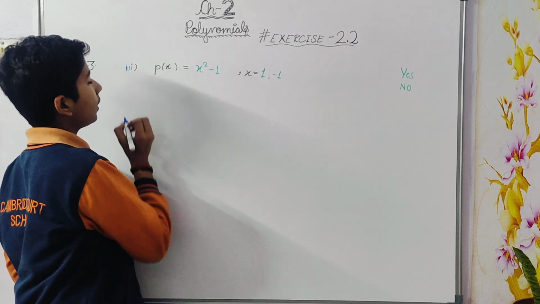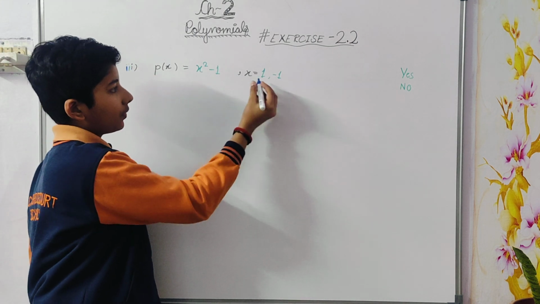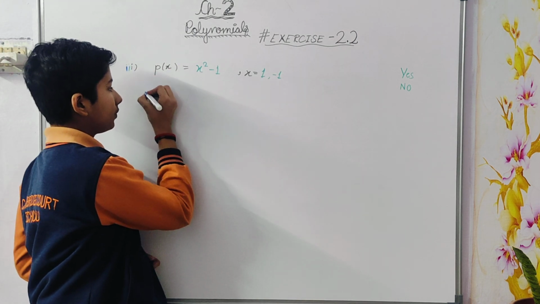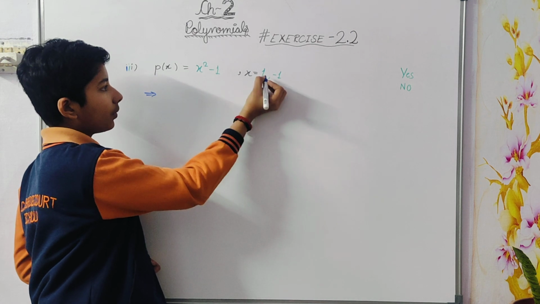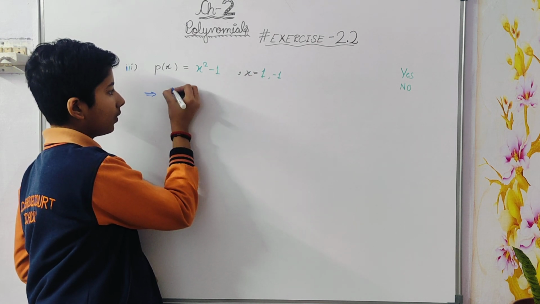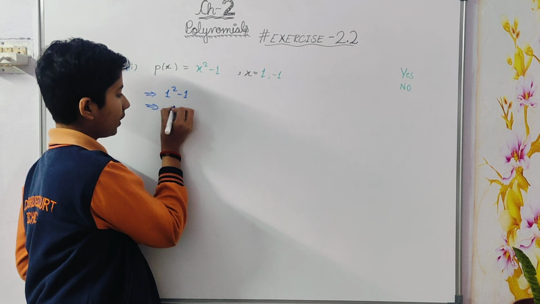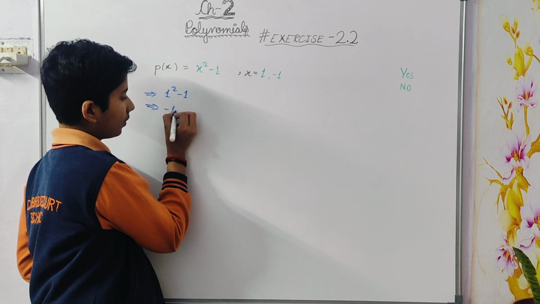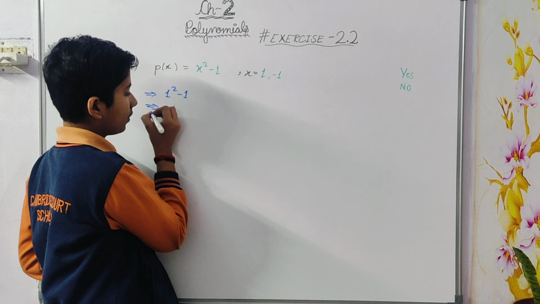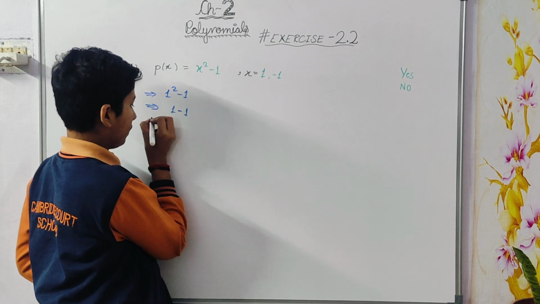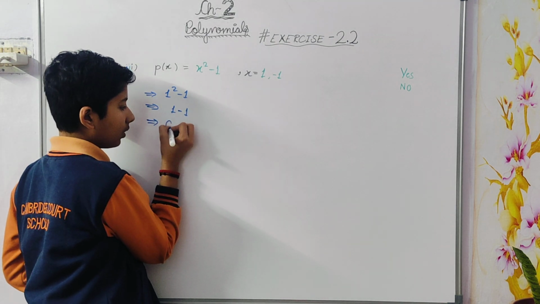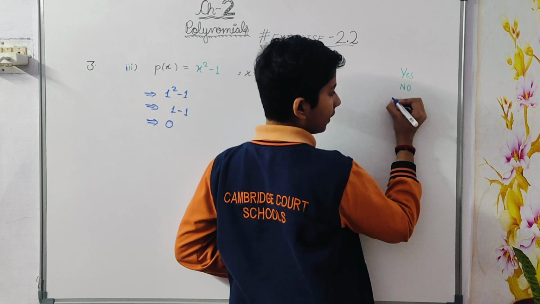This is part 3, and in x square minus 1 we have to put the value. x square means 1 square. 1 square minus 1, which is 1 minus 1, which is 0. So we will write yes.